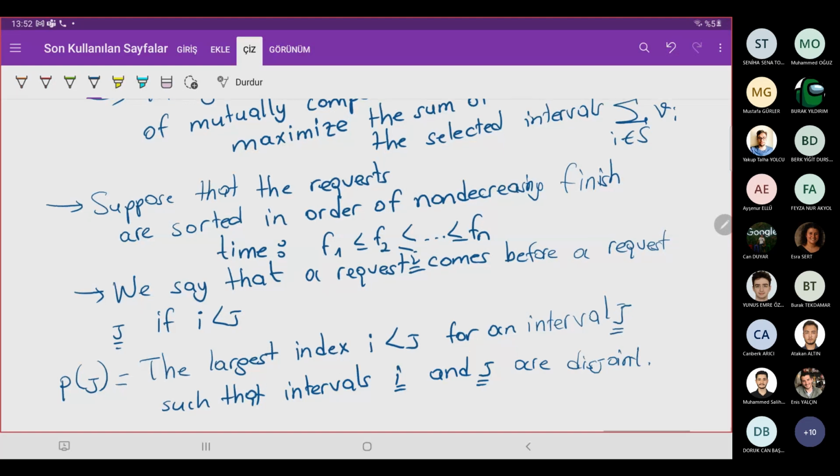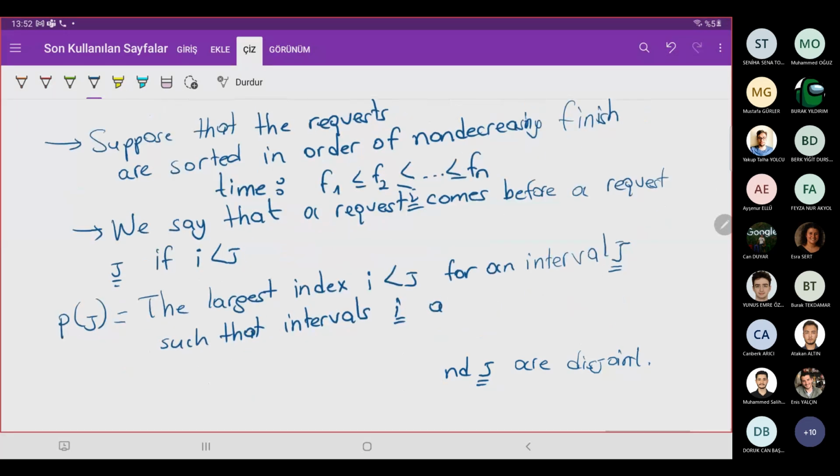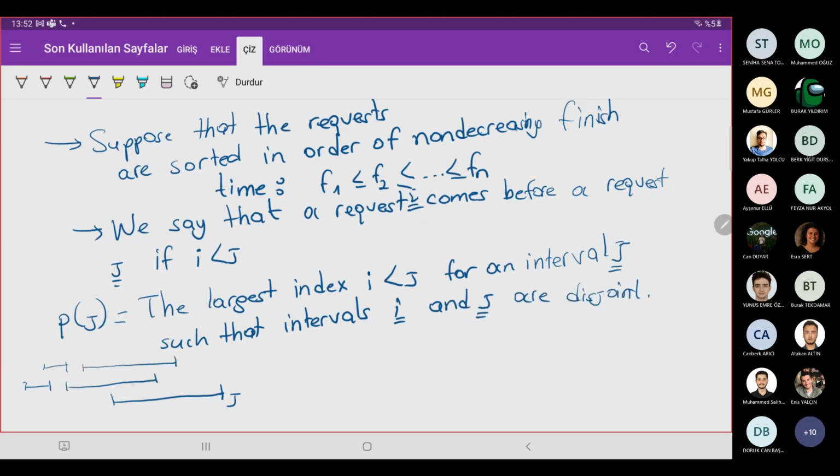Okay, so for an interval J, for example, there are other intervals too. Some of them intersect with this request. The largest index, I mean, with the finishing time, because we say that one comes before the other if its finish time is less.